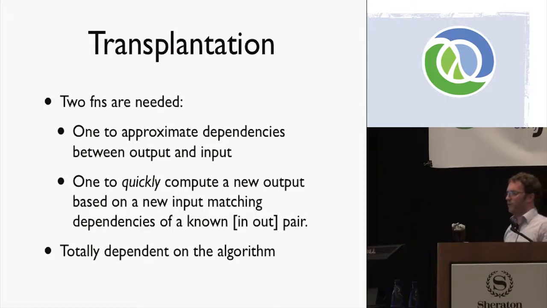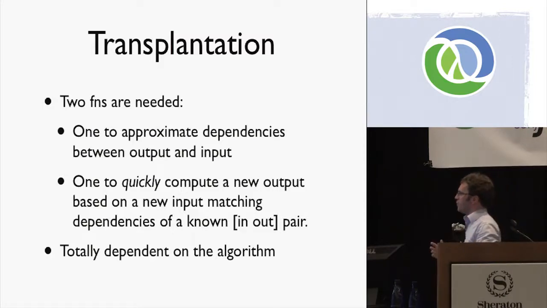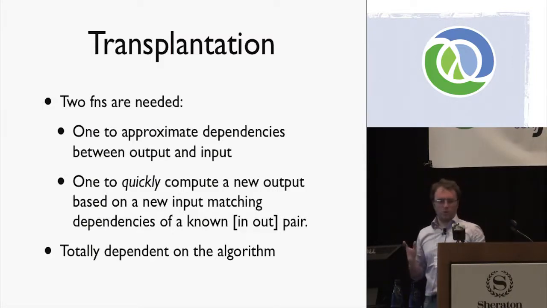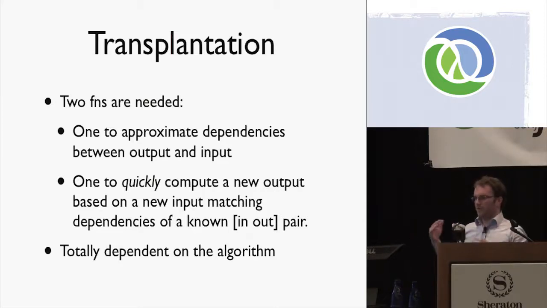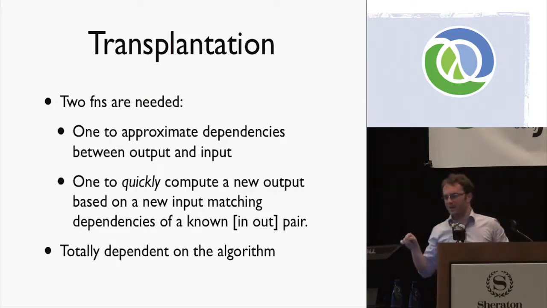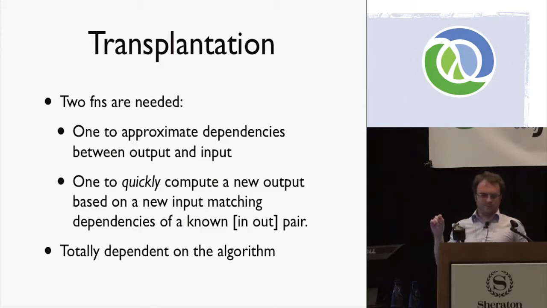So to perform transplantation, one needs two functions. The first one approximates dependencies between output and input. This is what I named the watermark, and it was figured by the dashed red line. And you also need a function to adapt a known output to a new input.